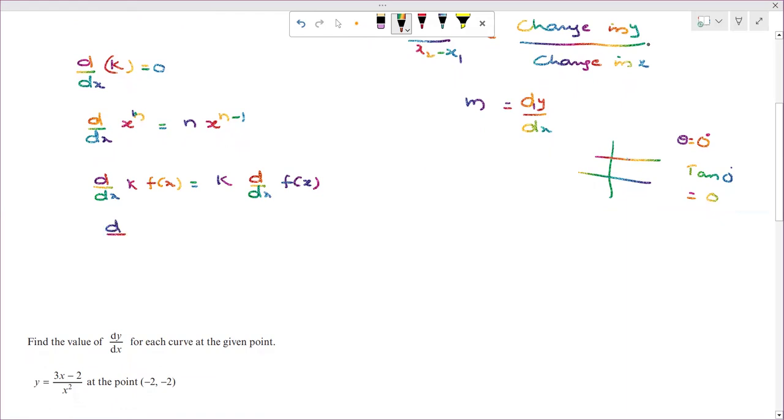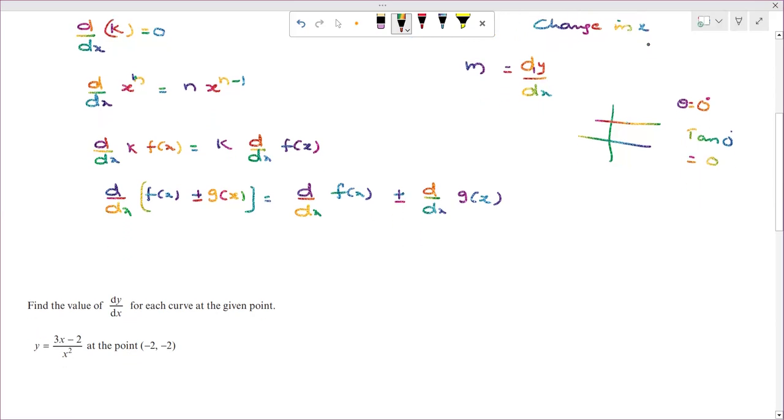Now d by dx of f of x plus or minus g of x. If the expression is a sum of expressions, you can split it: d by dx of f of x, and d by dx of g of x. This is how we simplify the problem using these properties.